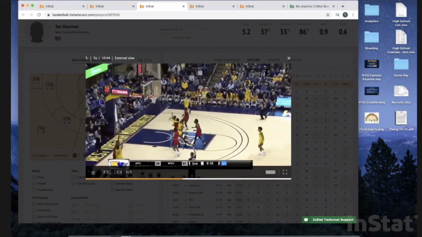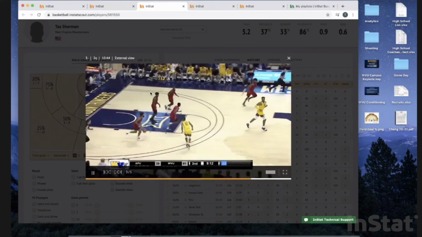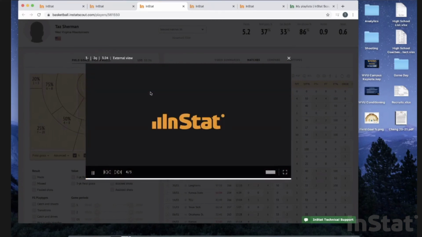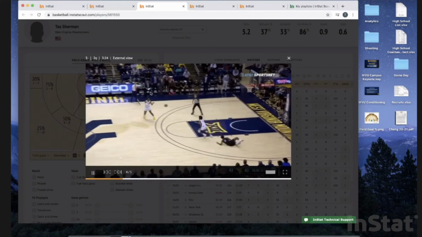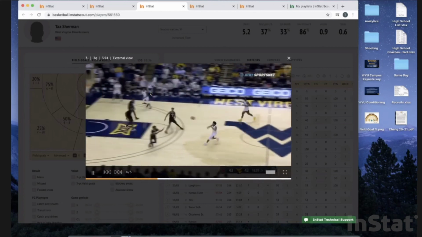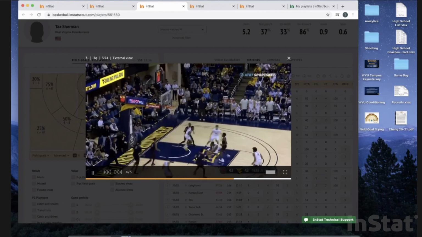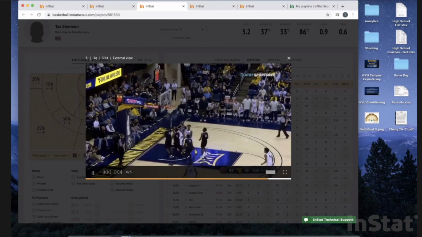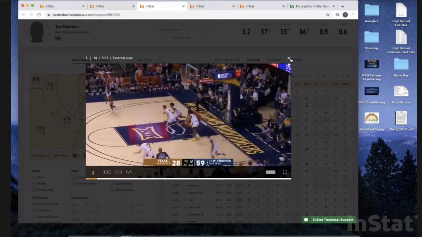We want to make him start practicing, instead of just standing stationary catch and shoot, we're going to start him from the wing, slide him down, and then catch and shoot. So that way he gets more game-like reps as opposed to just spot shooting, which is everyone's favorite. Go around 5 spots, 10 makes each spot, and move on to the next thing. So this is how we've used InStat so far.